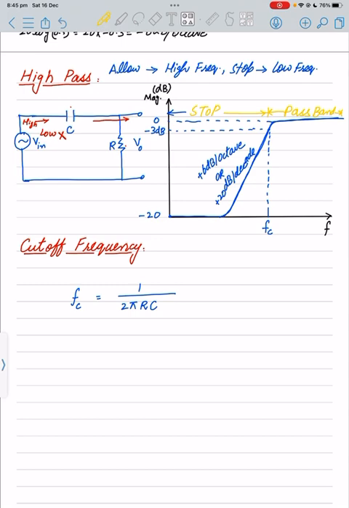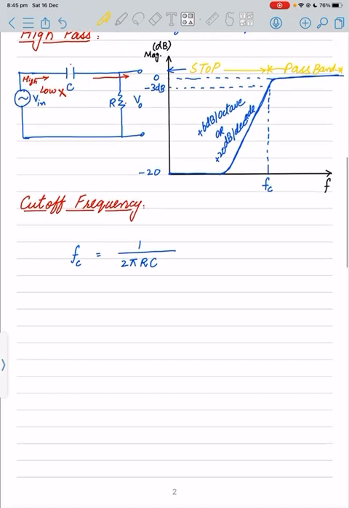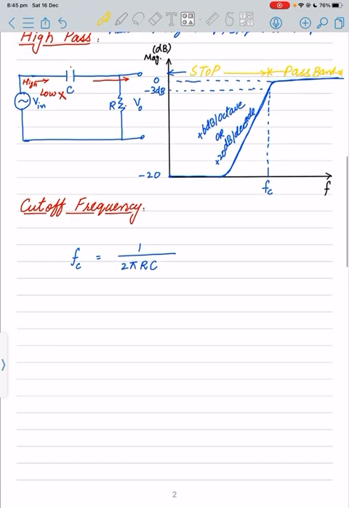सो दीज आर द बेसिकली पैसिव फिल्टर्स, क्योंकि इनके अंदर सिर्फ पैसिव कंपोनेंट्स यूज हो रहे हैं. सो द बेसिक्स of the passive filters will also be used in case of our active filters. So then we have to calculate the cutoff frequency or the corner frequency.